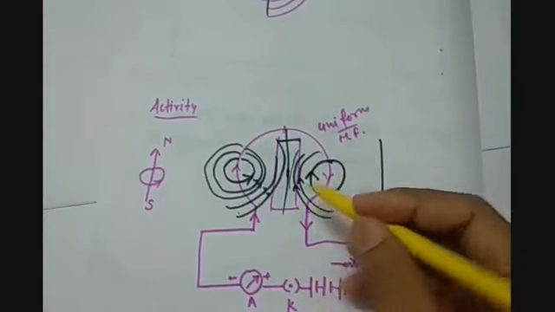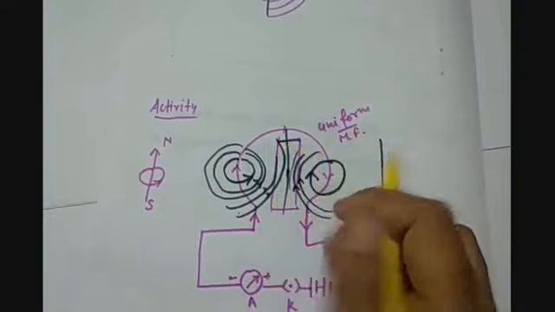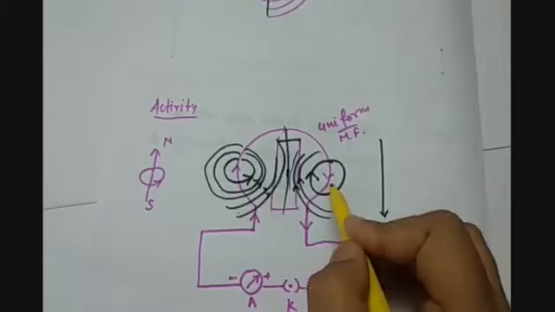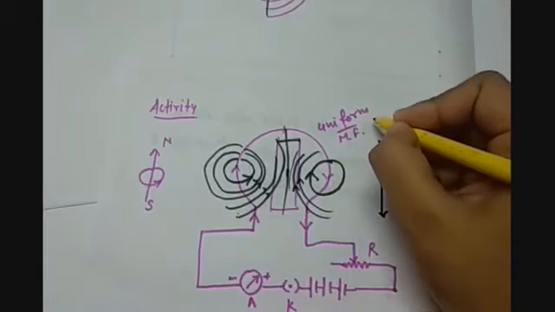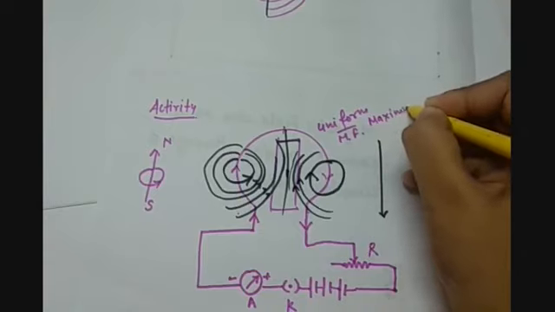And because the magnetic field lines get merged from the two portions of the circular loop, the magnetic field strength is maximum at the center of the circular loop.